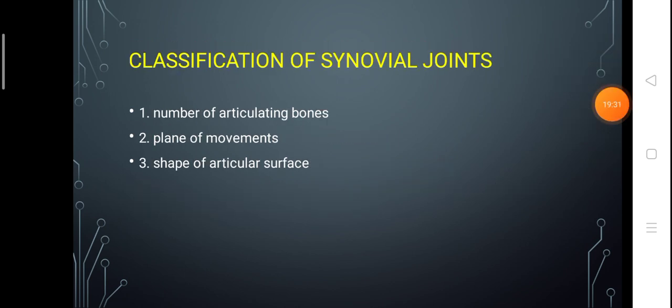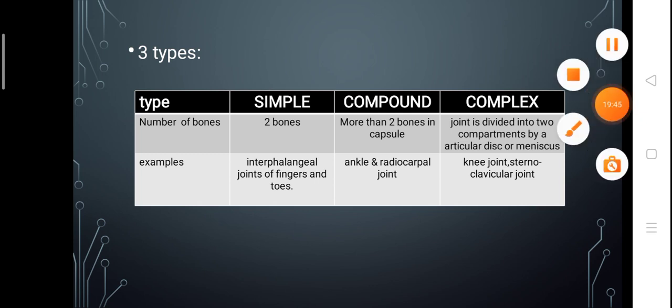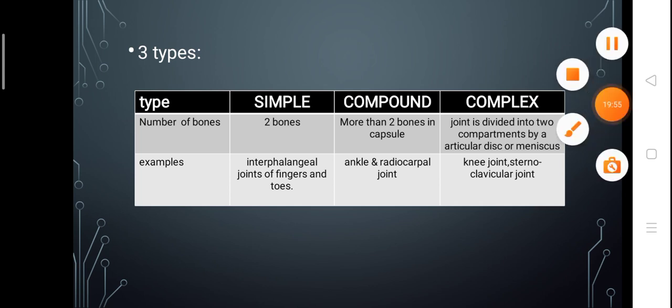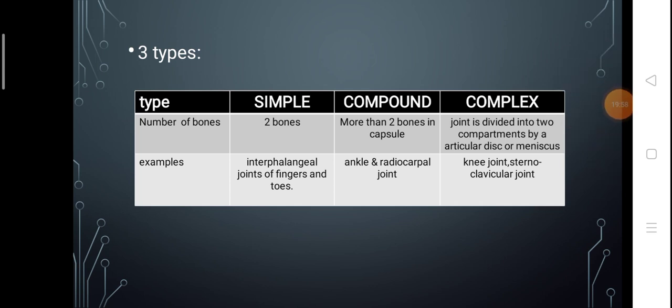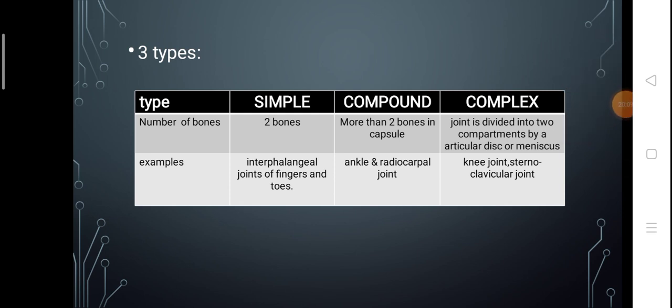These synovial joints are classified based on number of articulating bones, plane of movements and shape of articular surfaces of bones. Based on number of articulating bones, you have simple synovial joint, compound synovial joint and complex synovial joint. In the case of simple synovial joint, two bones participate in that joint, with examples like interphalangeal joints of fingers and toes.